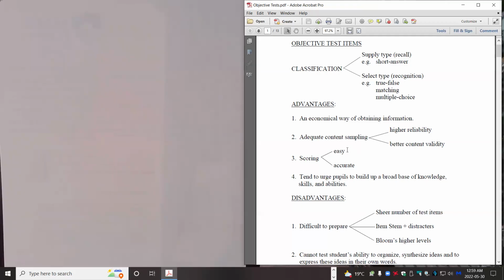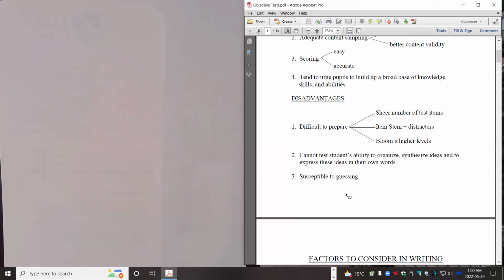Objective test scoring is very easy. It can be scored by machine, Scantron, or anyone with a scoring key, and it's highly accurate. If it is accurate, then it increases the reliability of the test. It also tends to urge students to build up a broad base of knowledge, skills, and abilities, simply because of 50 or 60 items.